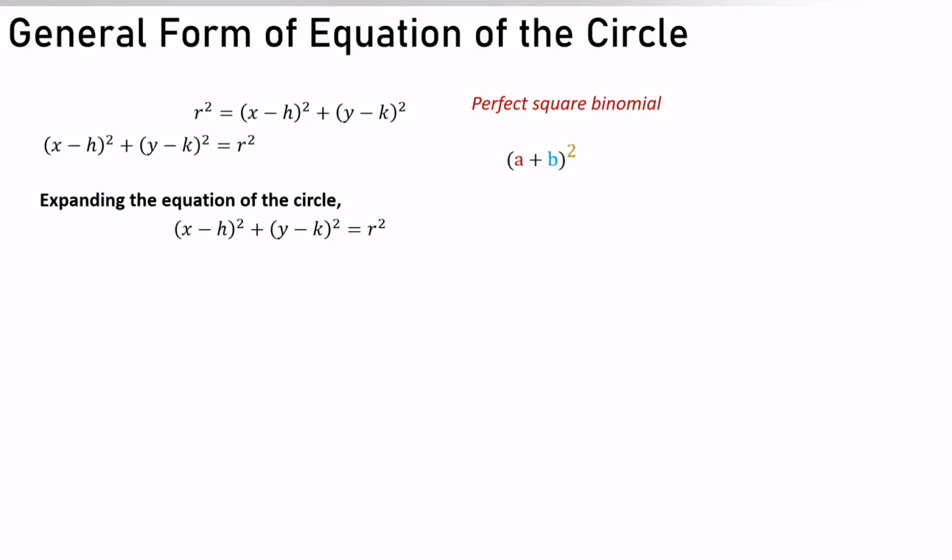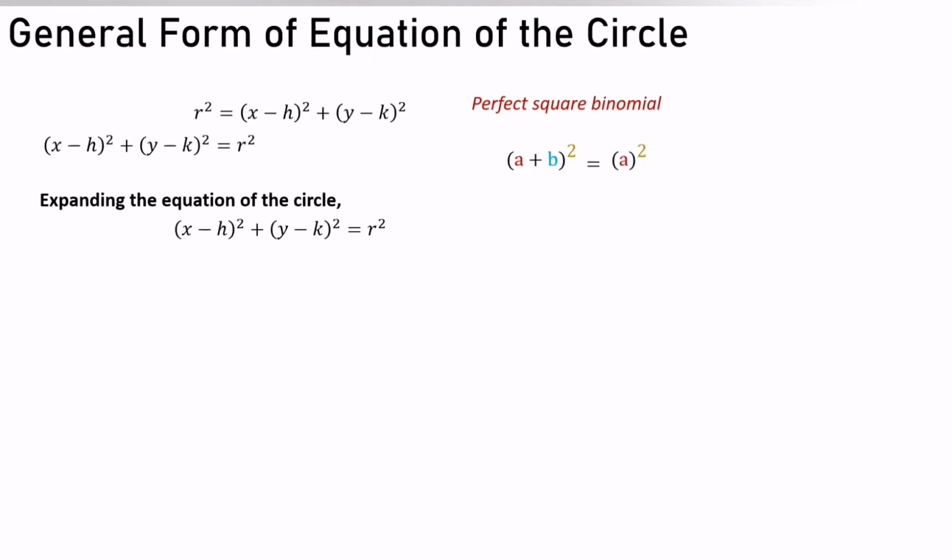If you have (a plus b) quantity squared, expanding this, you just square the first term, and then you add 2 multiplied by the first term and the second term, and then you add the square of the last term.